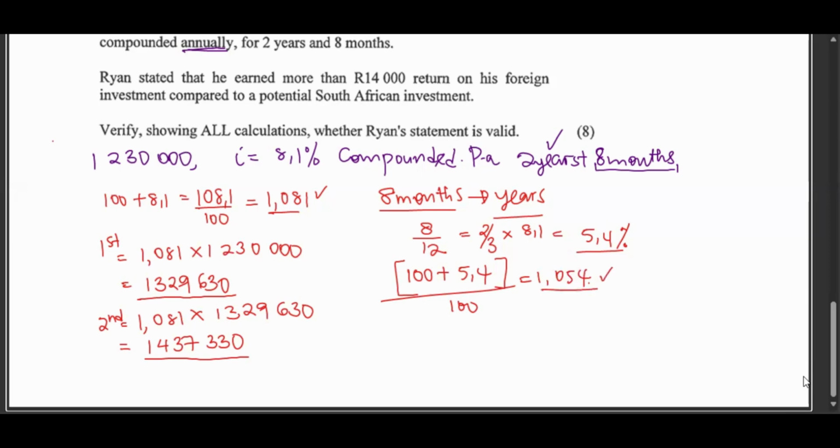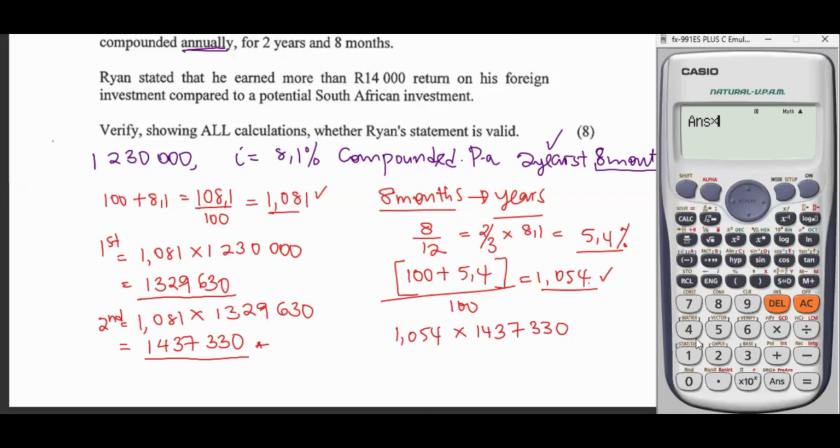Then we are looking for how much money it will be at the end of those 8 months. So it will be 1.054 times the money in the second year, 1,470,330. So we come to our question here.